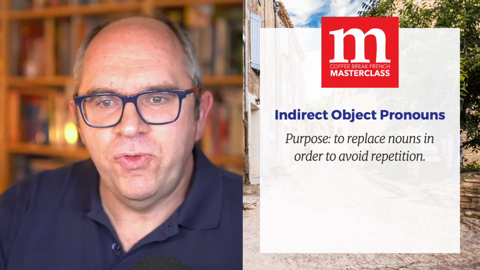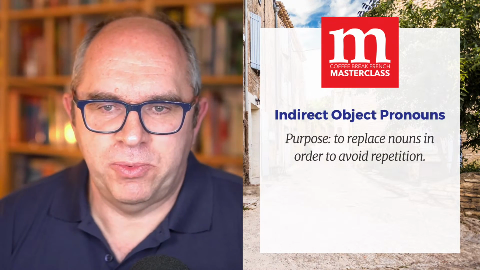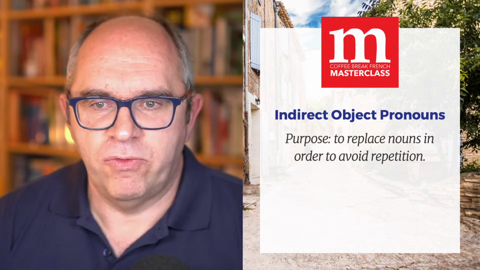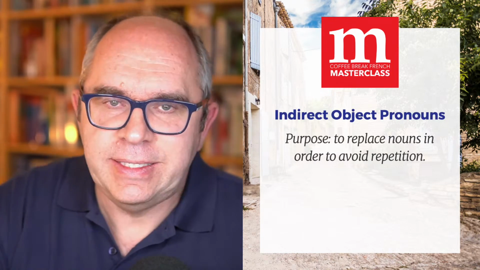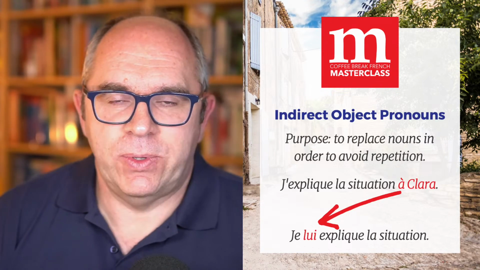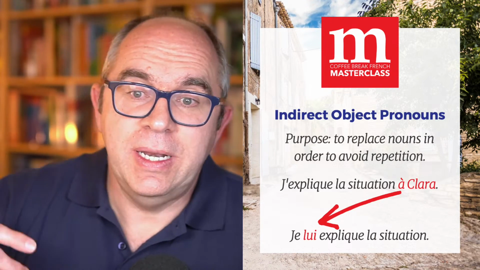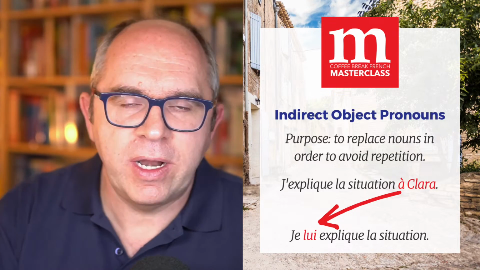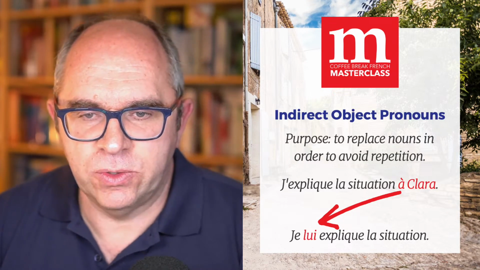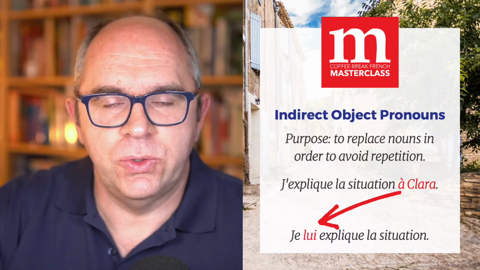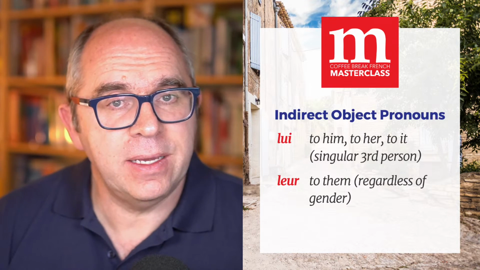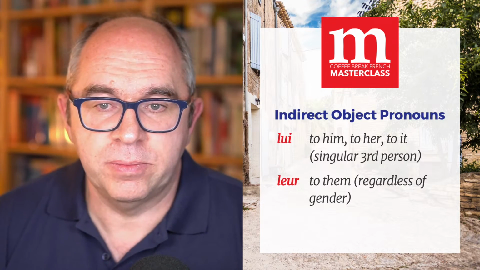So let's just recap on where we are with our indirect object pronouns. The purpose of them is to replace nouns in order to avoid repetition, so that we don't always need to say à tes parents, à mon père, and so on. J'explique la situation à Clara. So we don't need to repeat à Clara if we've already been talking about Clara. We can simply say je lui explique la situation. I explain the situation to her. Lui means to him, to her, to it, a singular third person indirect object pronoun.